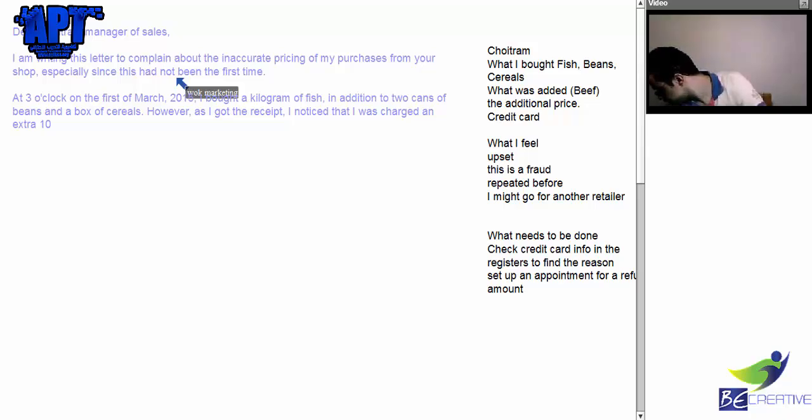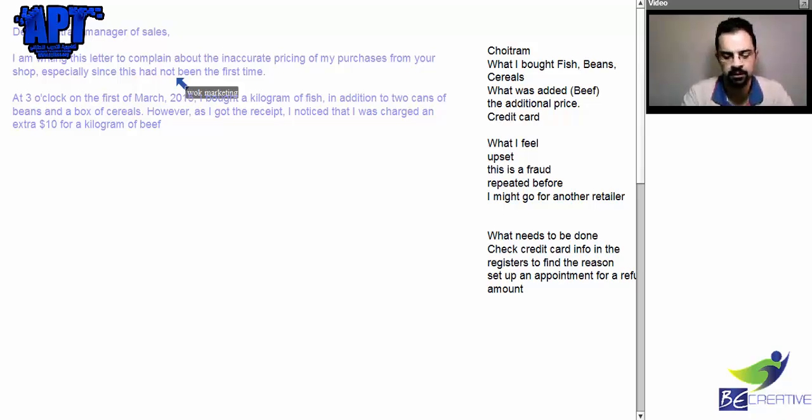I don't know the pound. $10 for a kilogram of beef that I had not bought.